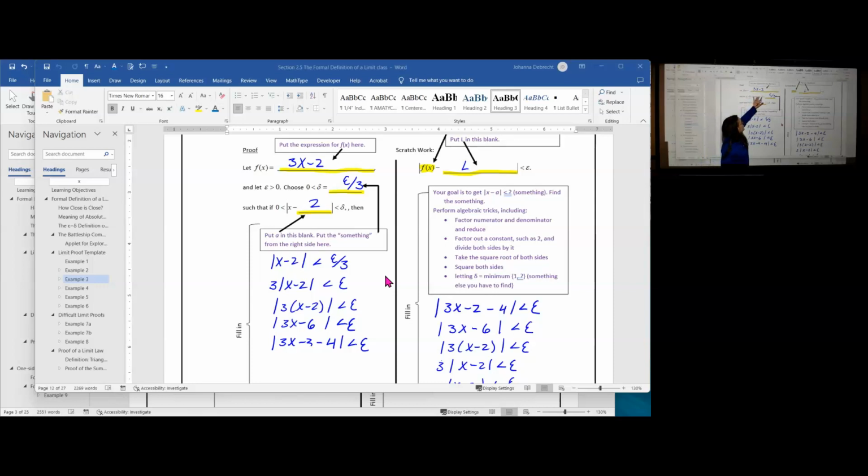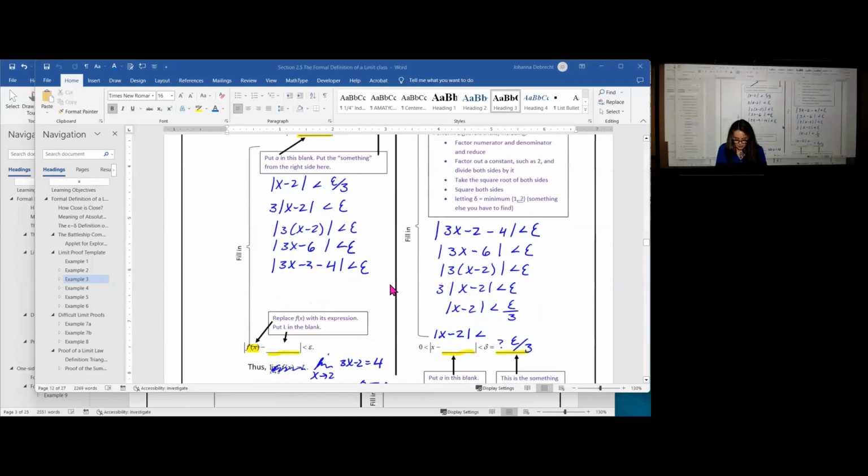Choose delta greater than 0 equal to epsilon over 3, such that if 0 is less than the absolute value of x minus 2, that's our a value, less than delta, then start with x minus 2 less than delta, which is epsilon over 3, then multiply both sides by 3, then pull the 3 inside the absolute value, then distribute the 3, and then rewrite the minus 6 as minus 2 minus 4.